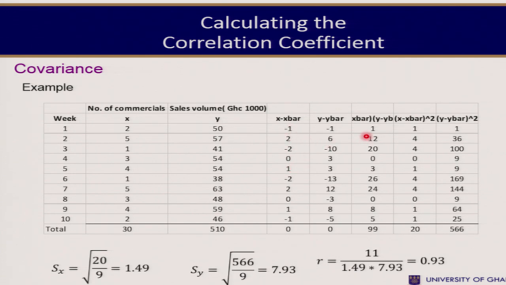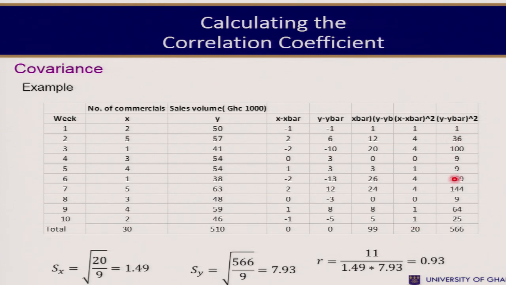Therefore, we have x minus x bar, that is already given. This time we are going to square it, that is x minus x bar all squared. So you see that all the x minus x bar values are squared. That is negative 1 squared gives you 1, 2 squared gives you 4, negative 2 squared gives you 4, down to sample number 10, that is negative 1 squared, that also gives you 1.